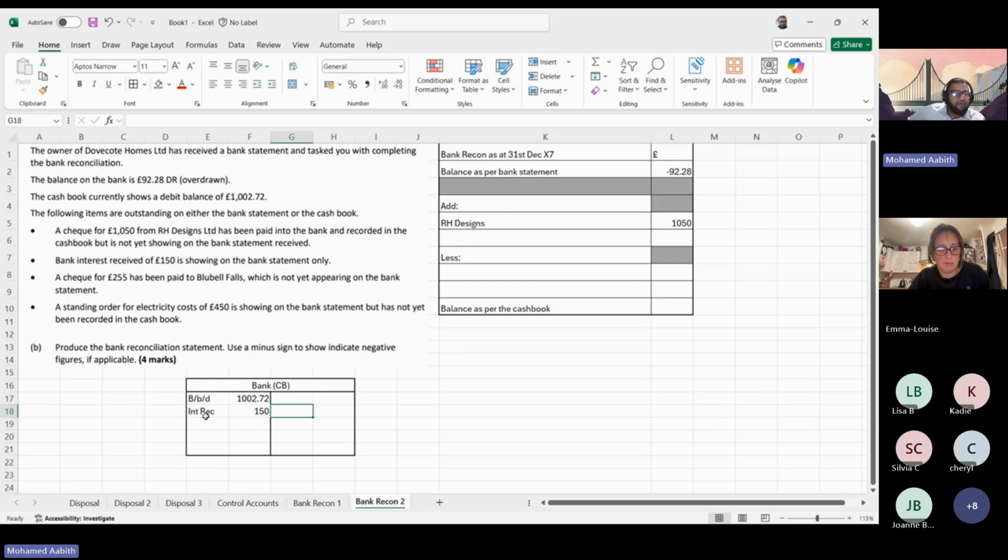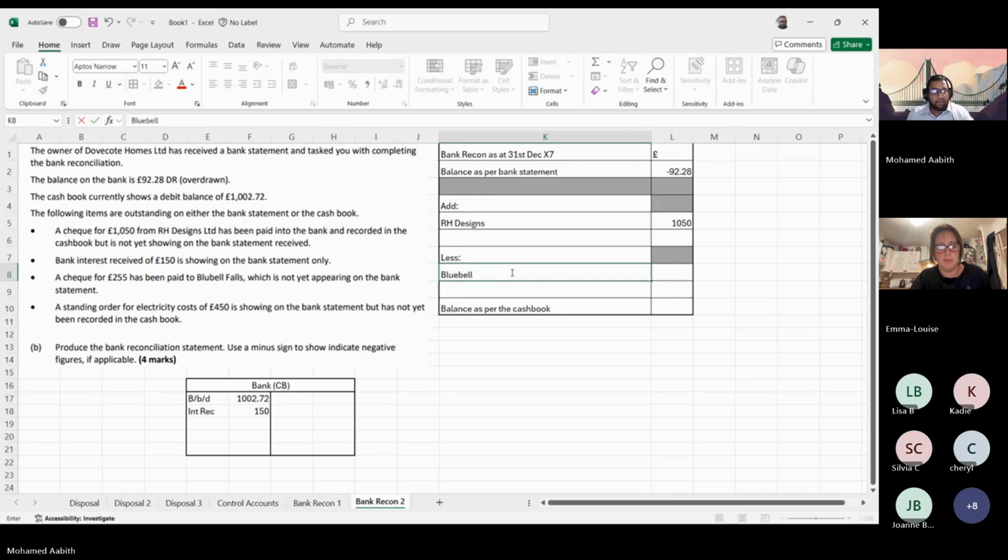And then a check for £255 has been paid to Bluebell Falls, which has not yet appeared on my bank statement. So this is something we already established before, another timing difference, which is already recorded in the cash book but not in my statement. We're going to call this an unpresented check. So we're going to say Bluebell, and it's for £255.